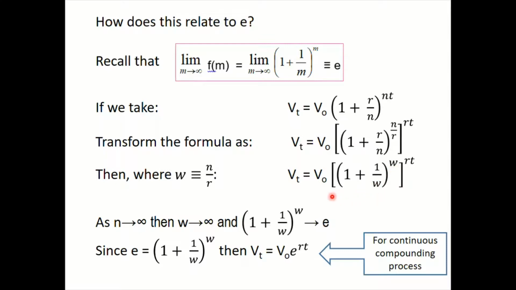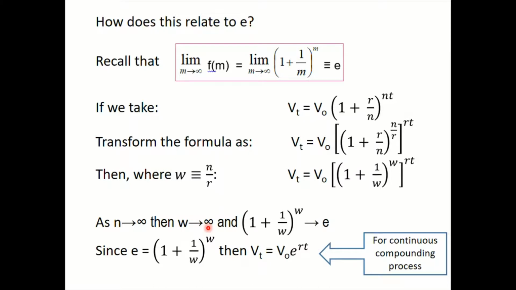So now what we say is, as n increases indefinitely, and remember n is the number of times that we are compounding within a year, the number of times we are adding interest within a year, then with n tending to infinity, w will also tend to infinity.